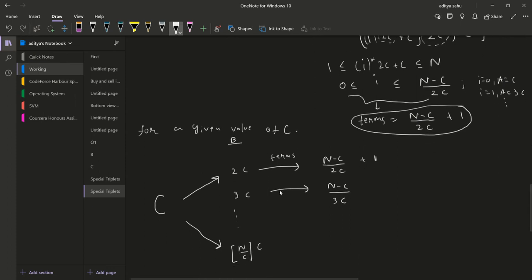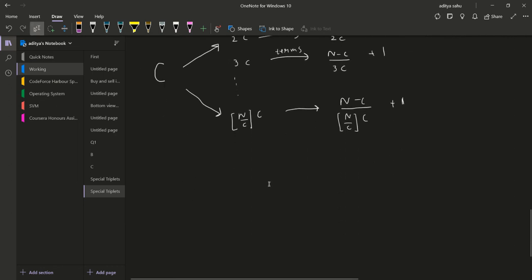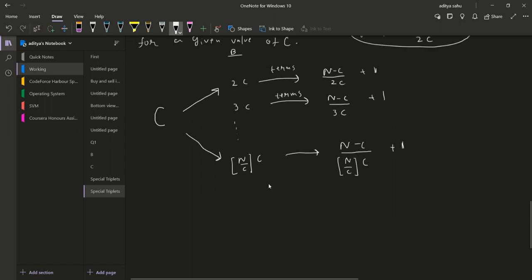You can say it simply by induction, plus 1, and so on up till (n minus c) by (n by c) times c, plus 1. Okay, now let me sum these things up. For a given value of c, the total number of terms is this.